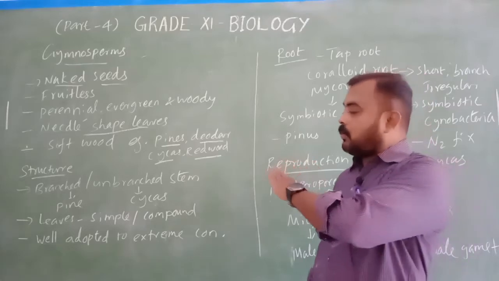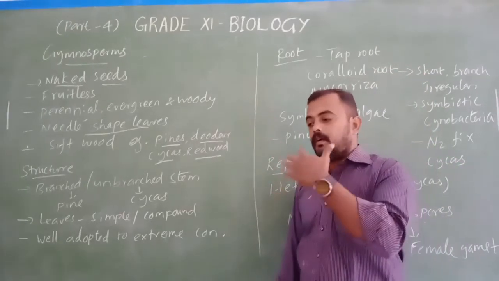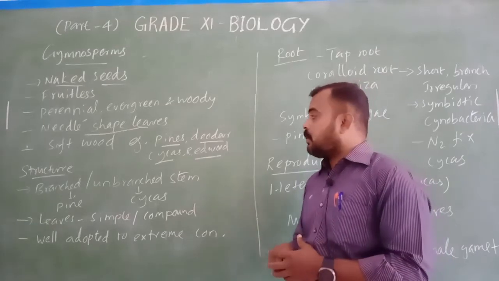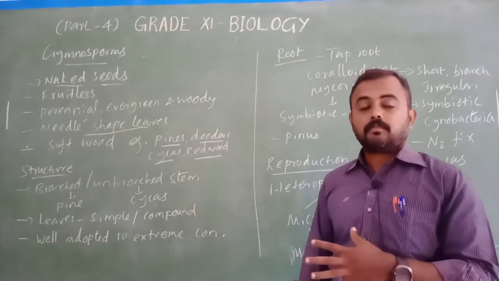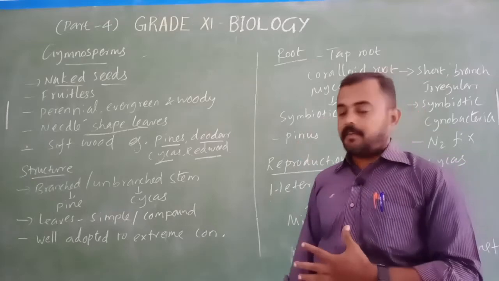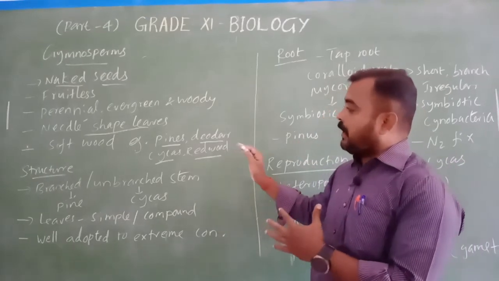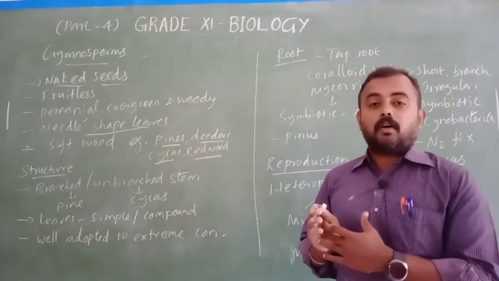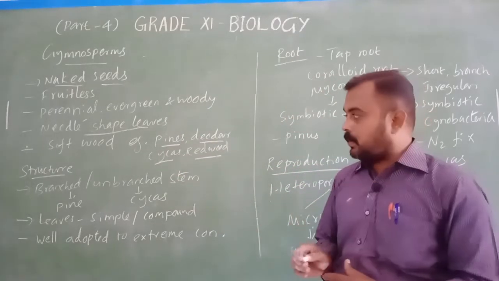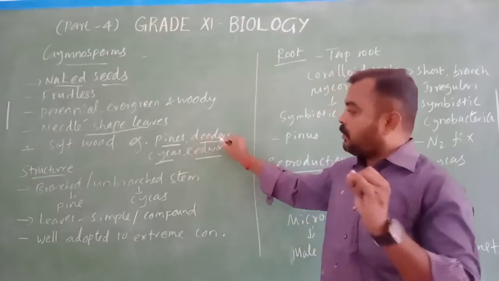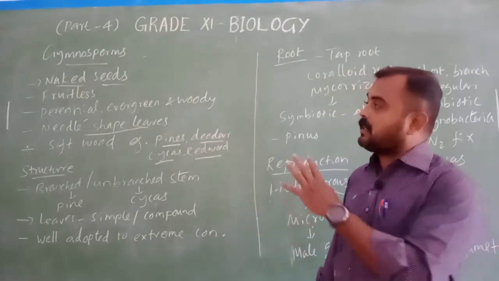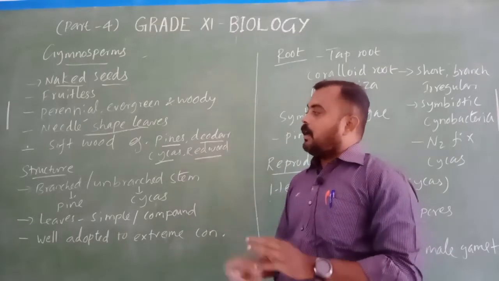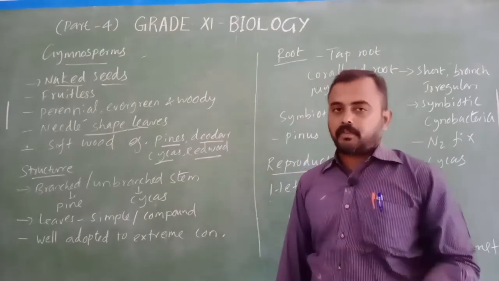It is very tall, it can grow above 100 feet. All these are generally called softwood. Pine, deodar, cypress, redwood are all examples for gymnosperms, but generally we can say softwood.